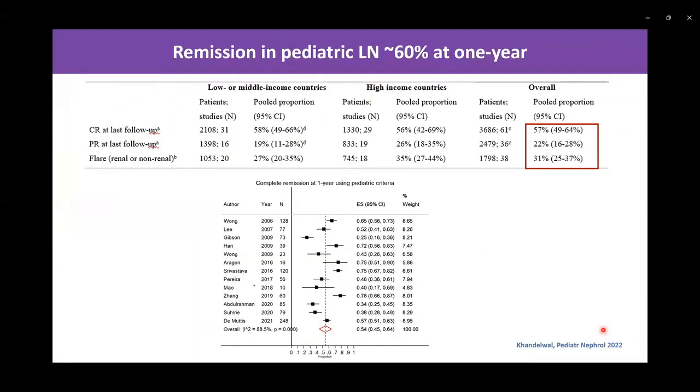Overall, the rate of remission in pediatric lupus nephritis at 1 year is about 60%. It does vary across studies, and this was from a systematic literature review that used the most stringent pediatric CARRA consensus guidelines for defining complete remission.